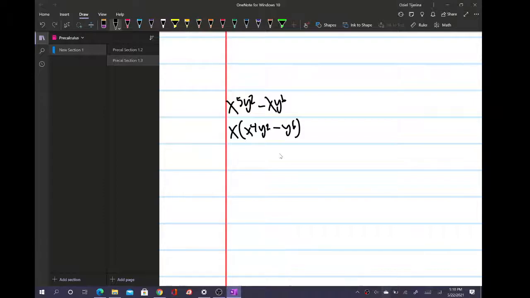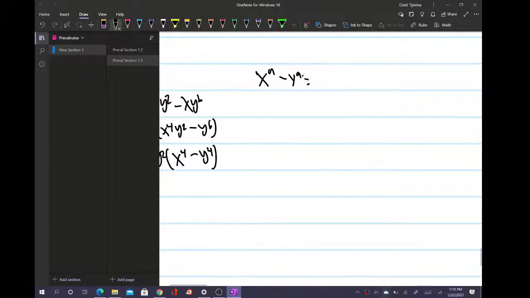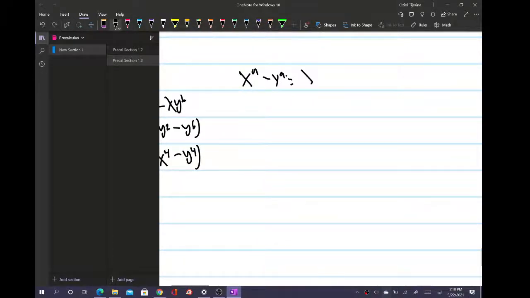You always want to look at the smallest exponent, right? You can say x y squared times x to the 4th minus y to the 4th. And notice that anytime you have x to the a minus y to the a, you can use this form.